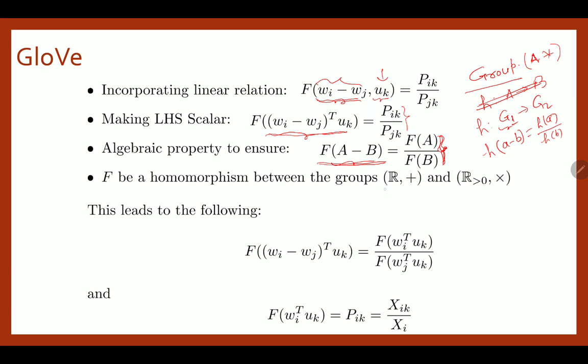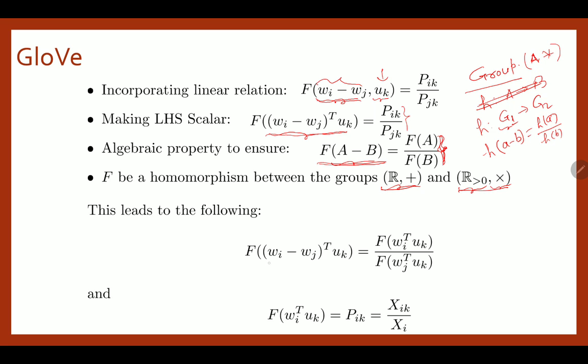So we can define this group homomorphism because we know that the left hand side we can consider as the real numbers, with addition as a binary operator, and the right hand side as all positive real numbers, with multiplication as a binary operator. So what we are looking at is that we should have this F as a group homomorphism between these two groups.